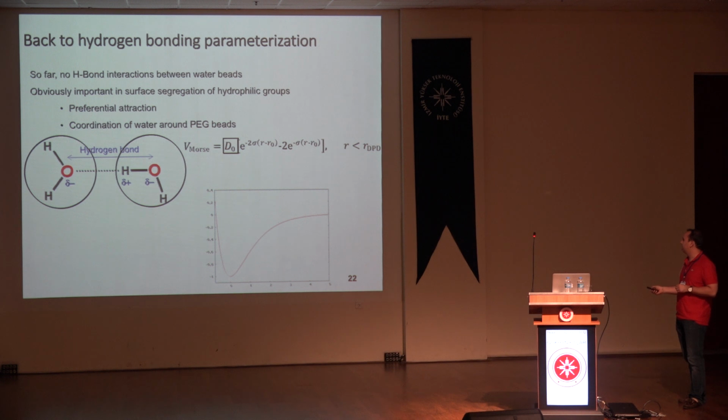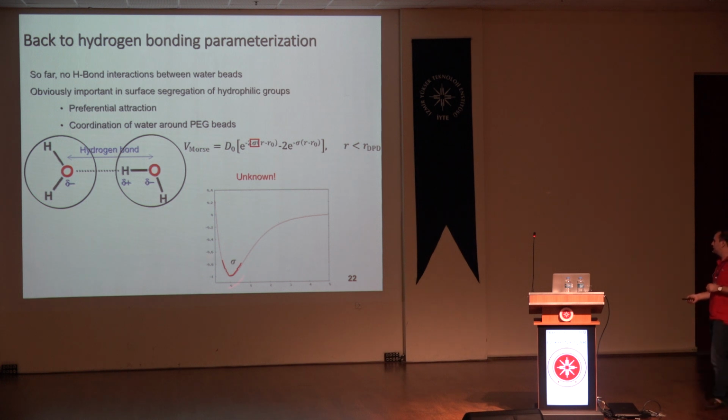So you already have the energy strength between two hydrogen bonds, and you already have an experimental prediction for the R0, which is the hydrogen bonding equilibrium distance. But what is not known is the sigma, which is the curvature of the Morse potential. So the current status is thinking about how to estimate this.